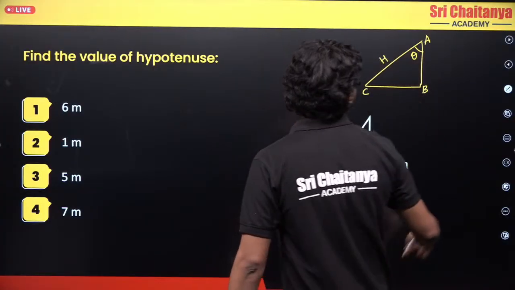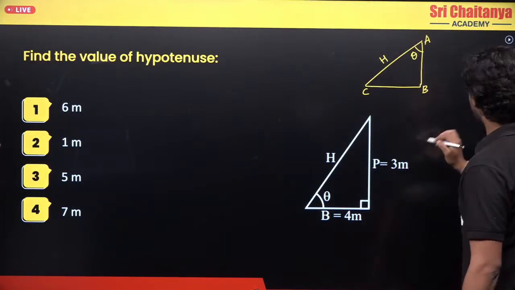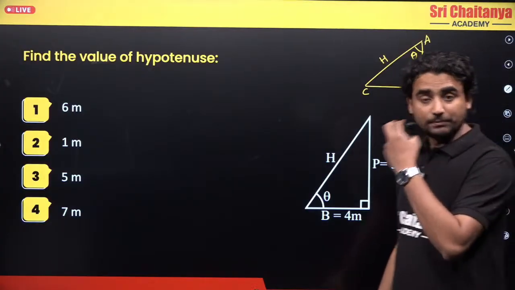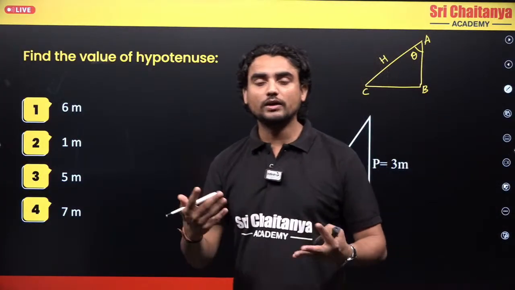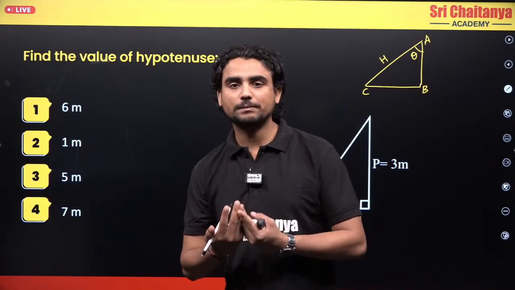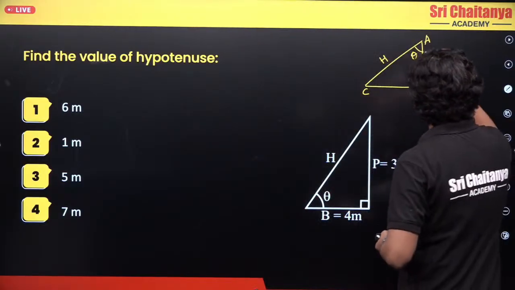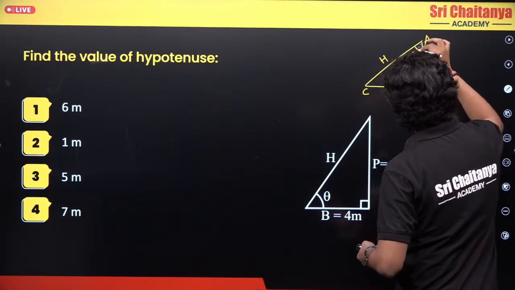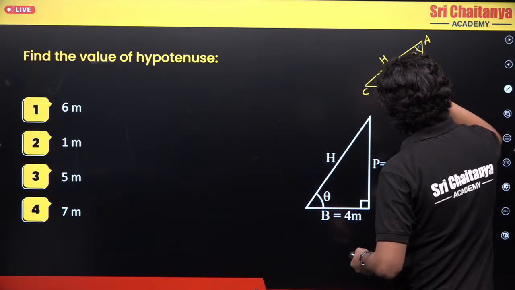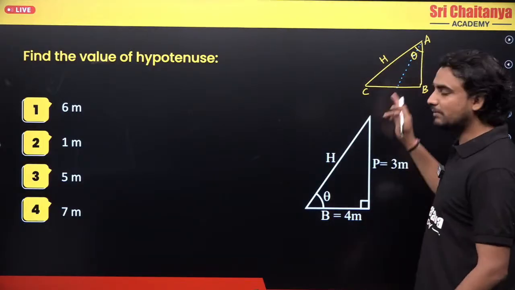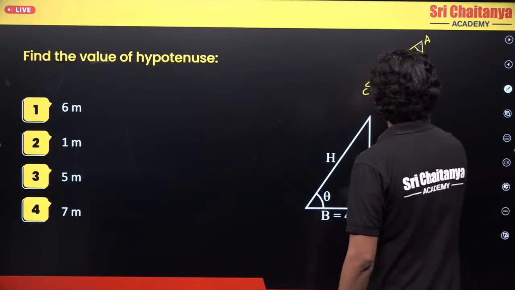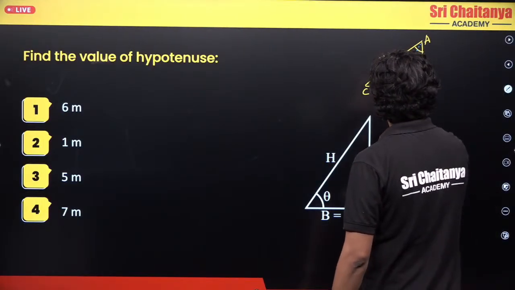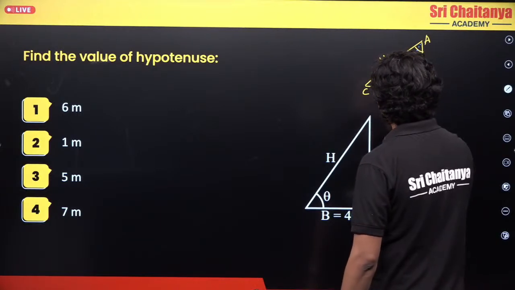Now what is the base and what is the perpendicular? From theta, you go to the opposite side. This is my opposite side, and the opposite side is my perpendicular.